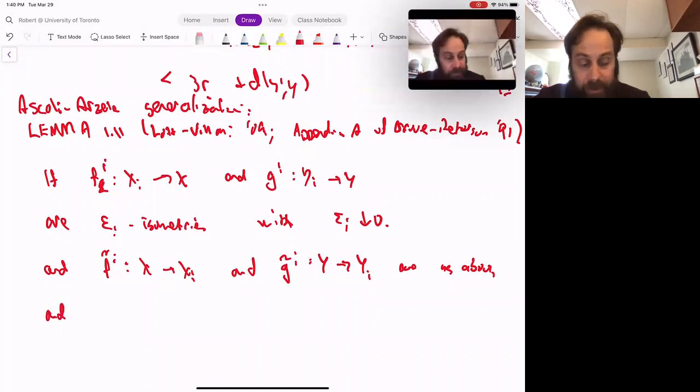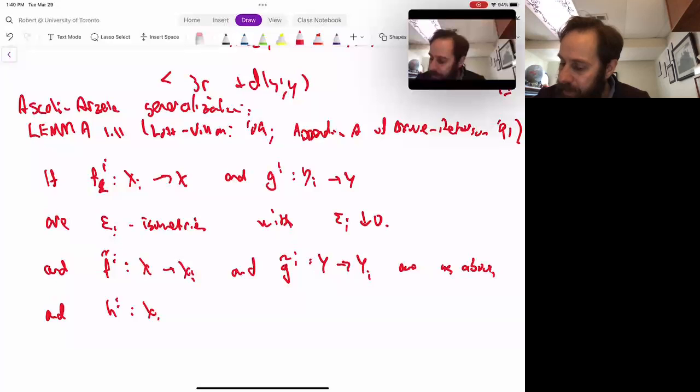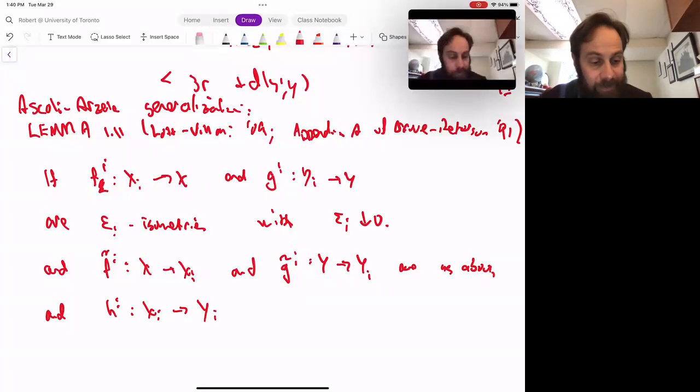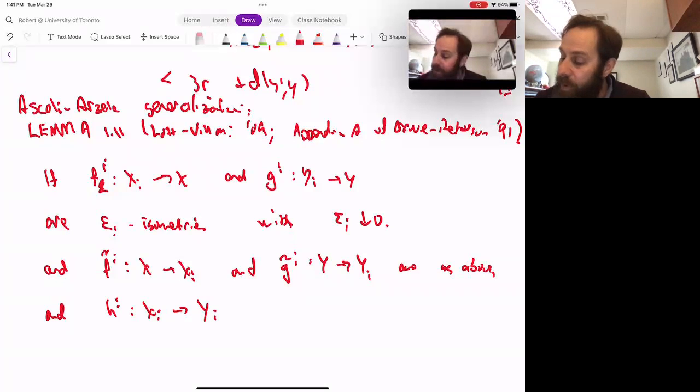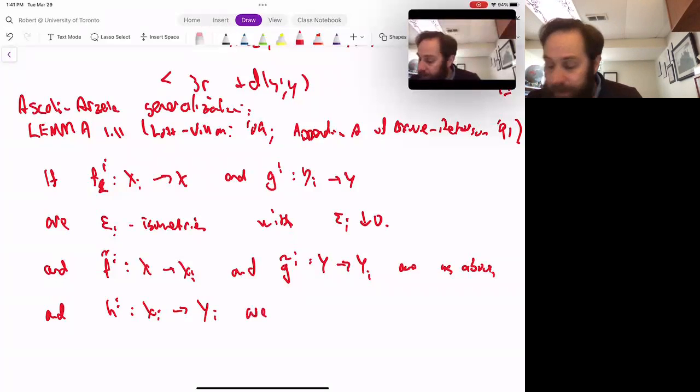And finally, I have some other map. I guess I'm going to call it H_i, maybe I'll keep the i's in superscript, from each of the approximating spaces in the X sequence to the Y sequence. They call this asymptotically equicontinuous.